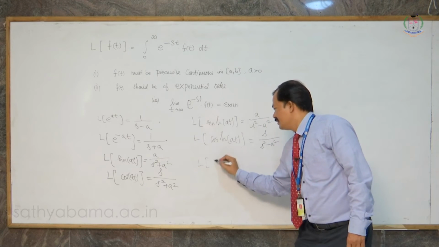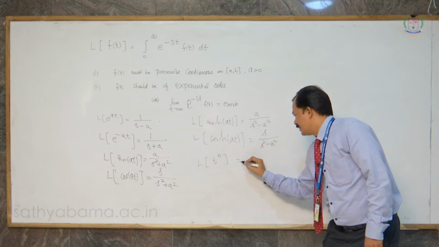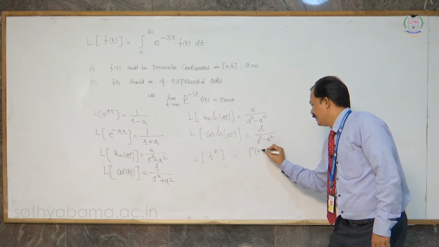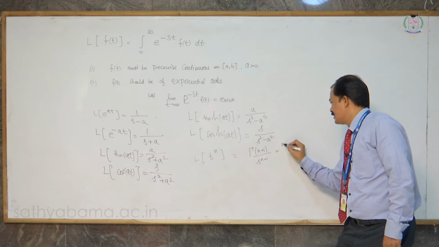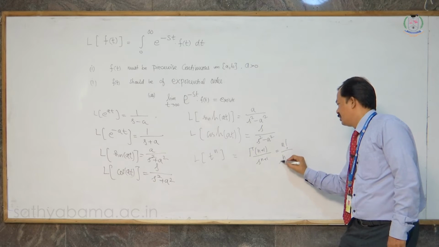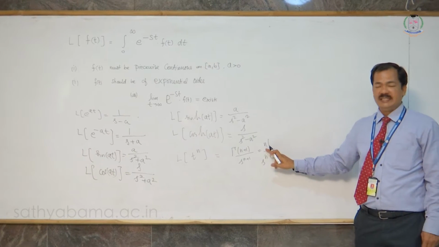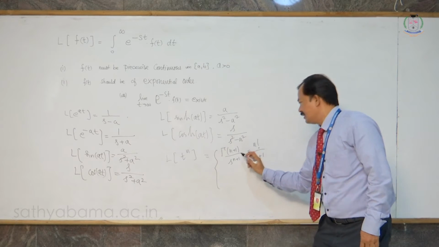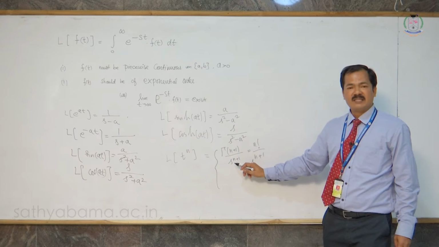Laplace transform of t to the power n is equivalent to gamma of n plus 1 upon s to the power n plus 1, or it is n factorial upon s to the power n plus 1, where n is a positive integer. Suppose it is a fraction, then it is gamma of n plus 1 upon s to the power n plus 1.